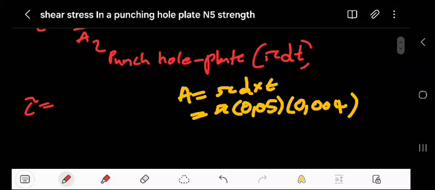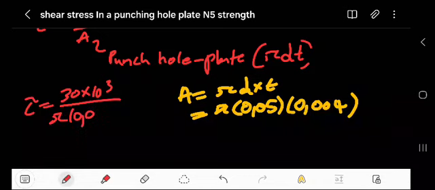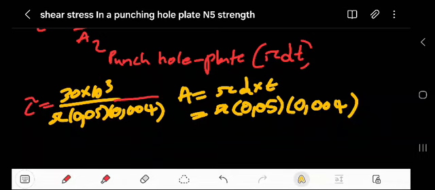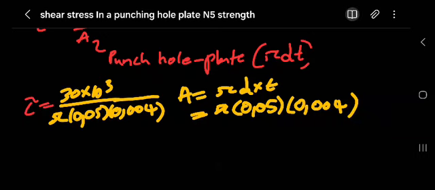You can use it directly and say 30 multiplied by 10 to the power of 3 all over the area, 0.05 into 0.004. It's up to you, actually. This way is nice.